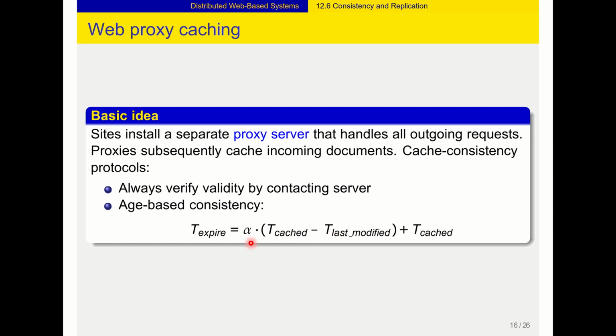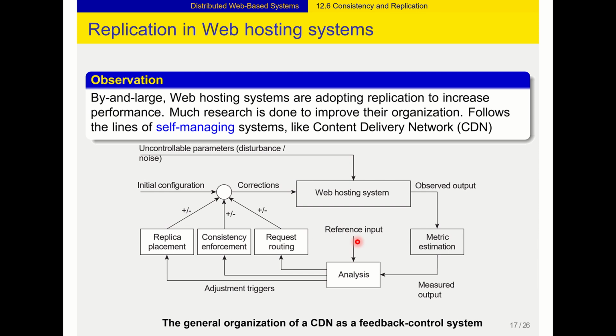Alpha here is the tuning factor, which controls how quickly a cached document should expire based on its age. If you have a large alpha, the document expires quickly. When you have a small alpha, the document stays valid longer. Until T-expire, the document is considered valid and the proxy will not contact the server. After the expiration time, the proxy requests the server to send a fresh copy.